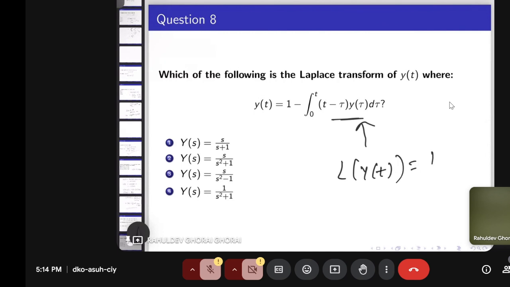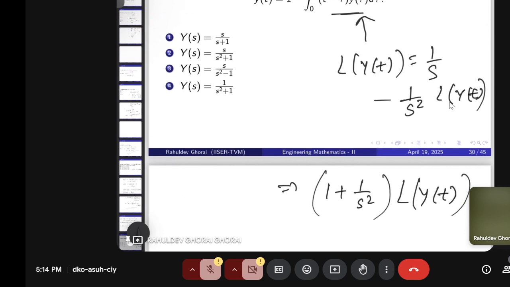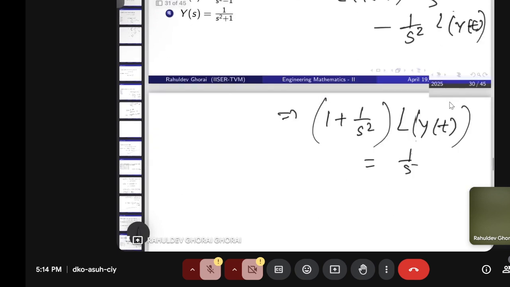equal to L of 1, which is 1 by s, minus the convolution of t and y, right? And the Laplace transform of the convolution is multiplied: for t it will be 1 over s square times L of y(t) again. So that implies 1 plus 1 over s square times L of y(t) will be 1 over s.